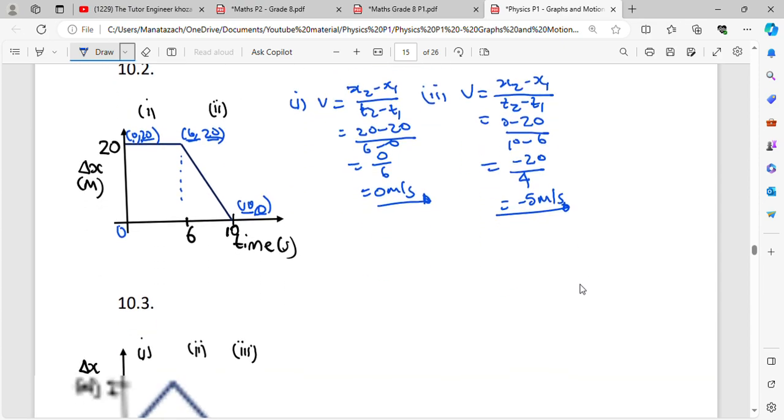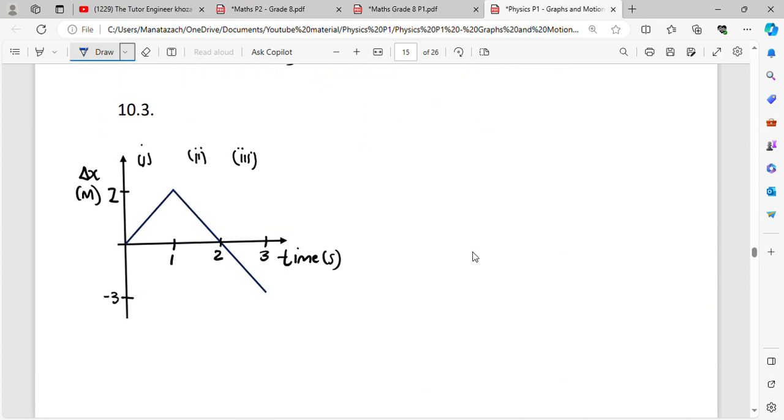Okay, so let's go to 10.3. Here you've got 3 sections between 0 and 1. Let's work out the velocity, or slope. Here the coordinate is 1 and 2. And then here the coordinate is 3 and minus 3. Here you will have 2 and 0. And the origin is 0, 0.